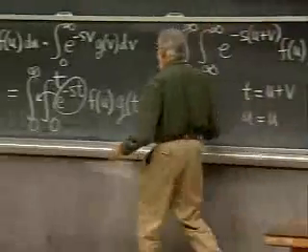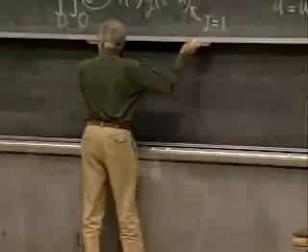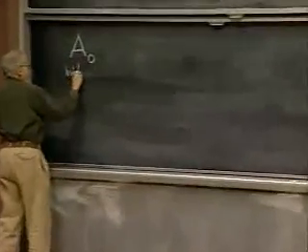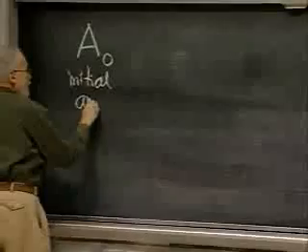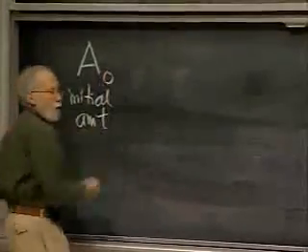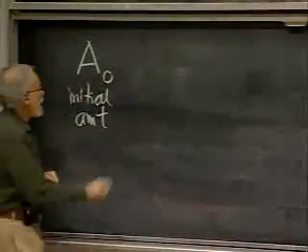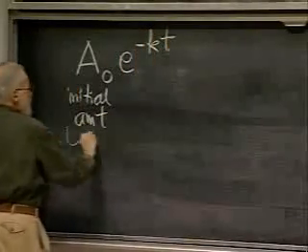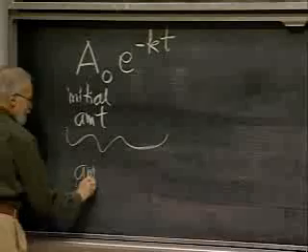So the essential part of the calculation will be that if you have an initial amount of this substance and it decays for a time t, this is the amount left at time t.